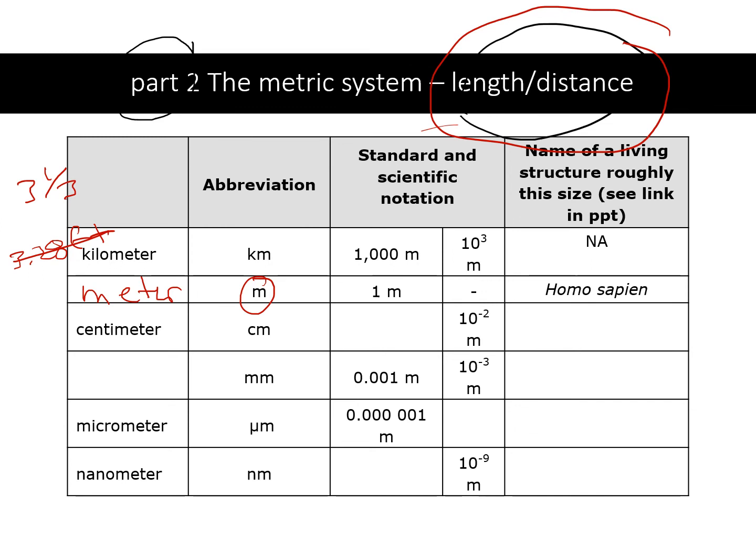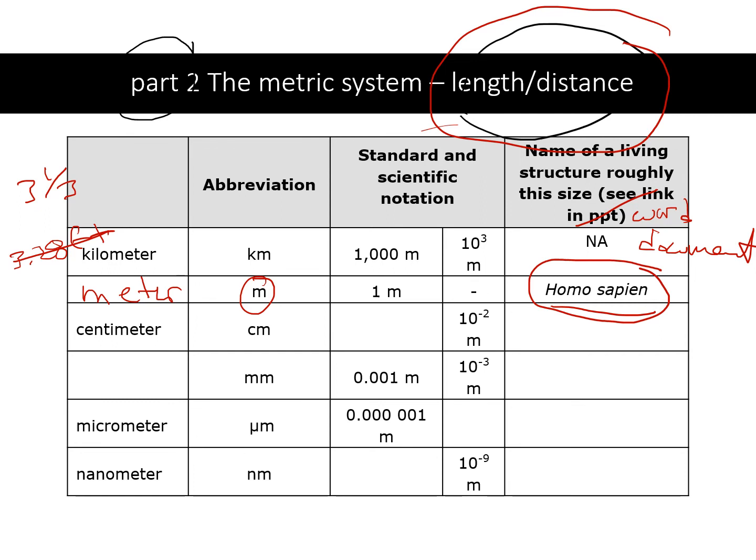So I am 1.82 meters tall. I am a Homo sapien. What I'm asking you to do over here is name a living structure roughly this size, see link in PPT. You'll see that eventually in the PPT. Sorry, it should be see link in Word document. It's really clear in the Word document.